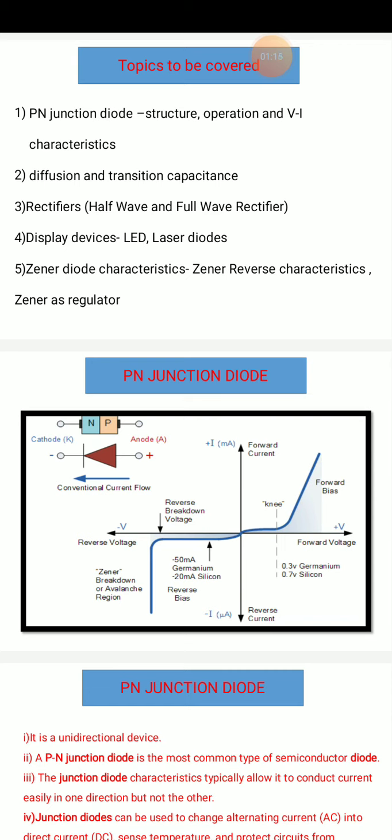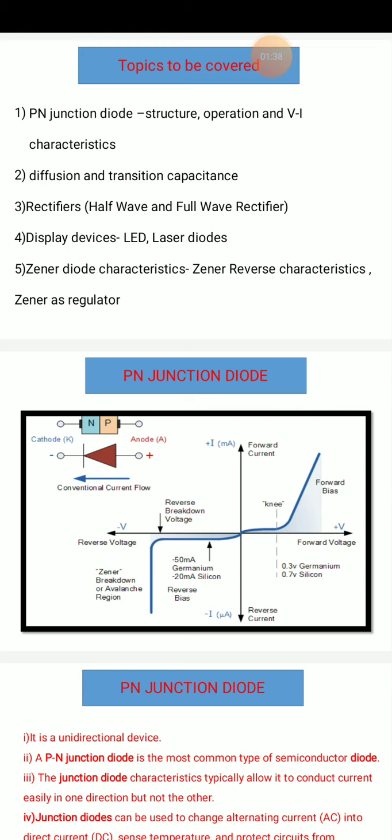The third topic is rectifiers: what rectifiers are and the types of rectifiers, majorly the half wave rectifier and the full wave rectifier. The fourth is display devices, that is the LED, light emitting diode, and laser diodes.